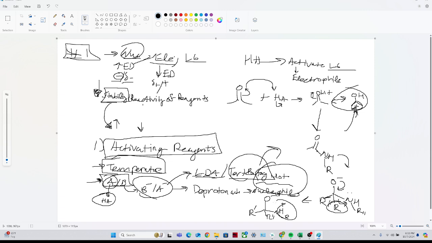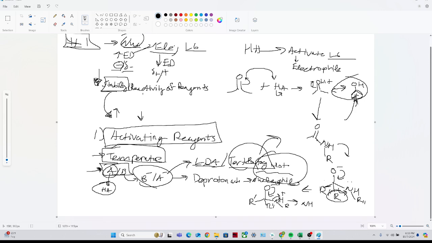Now I can collapse my double bond and push off my amine, which I should draw slightly differently: NH2R. Now I have a typical amine, totally fine, totally stable, and a weak base, as opposed to NHR minus, which was way more unstable and definitely would not have come off.